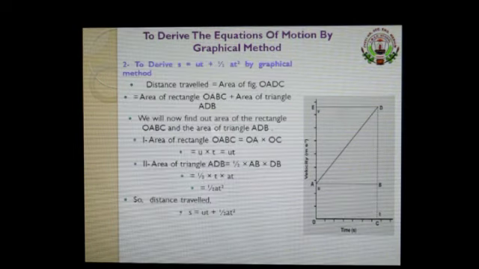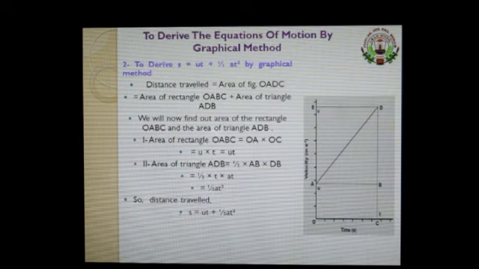Now let us derive the second equation of motion, s = ut + ½at², by the graphical method. Suppose a body travels a distance s in time t. The distance travelled by the body is given by the area of the space between the velocity-time graph AD and time axis OC, which is equal to the area of the figure OADC.